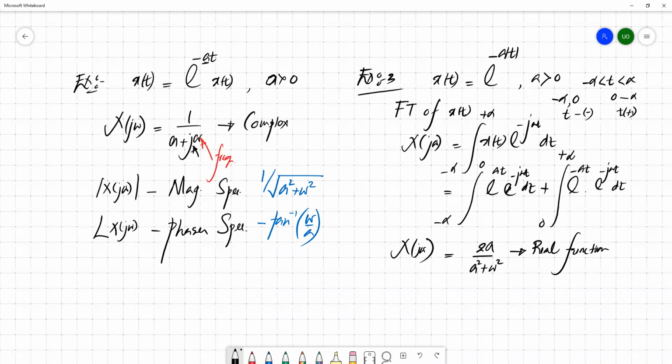So you can just plot the magnitude spectrum. It is exactly similar to this, because it's a real function.